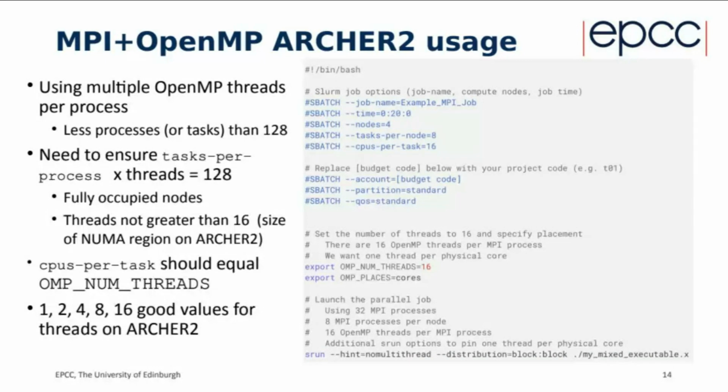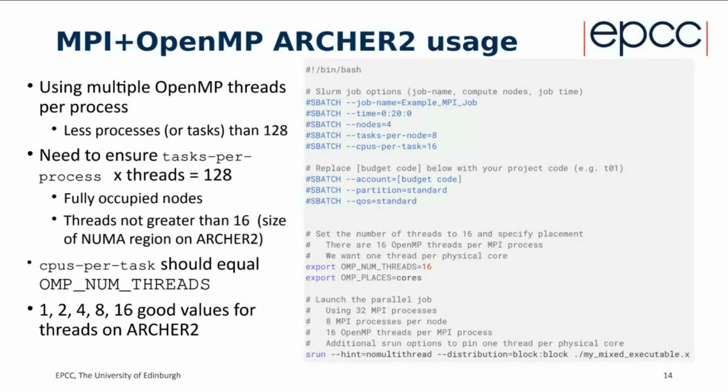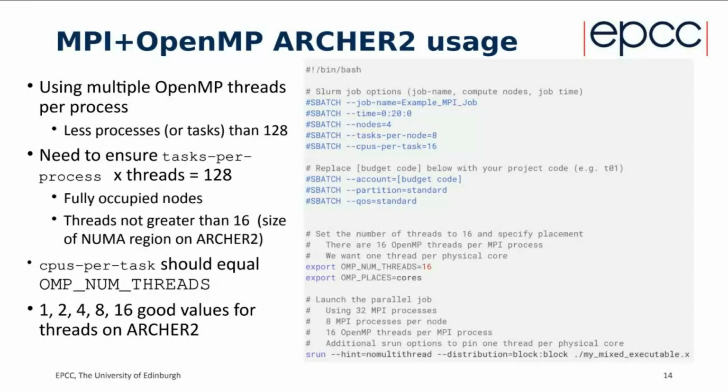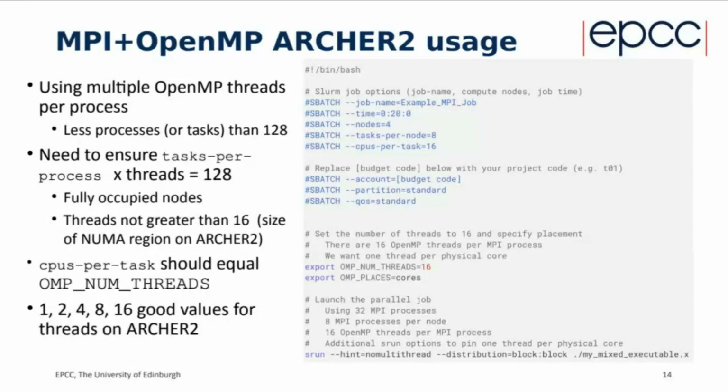And because you need the threads to sit nicely across the NUMA regions, you can only really use multiples of 16. So on ARCHER2, using 1, 2, 4, 8, or 16 threads per process are sensible values.